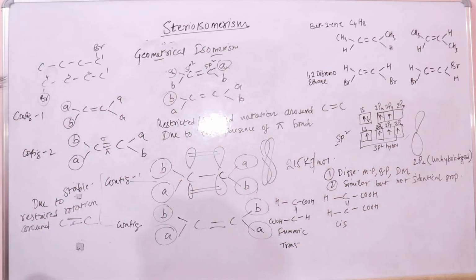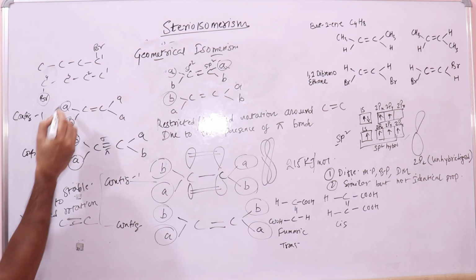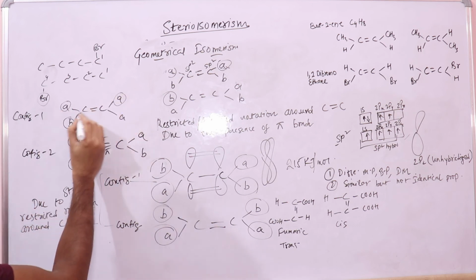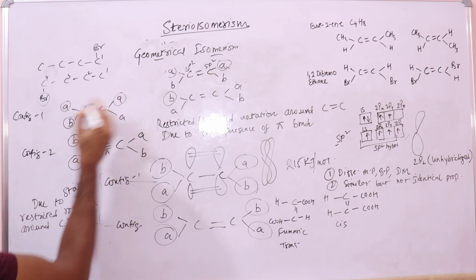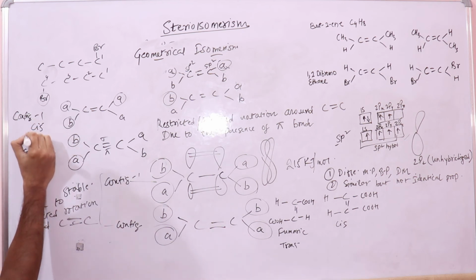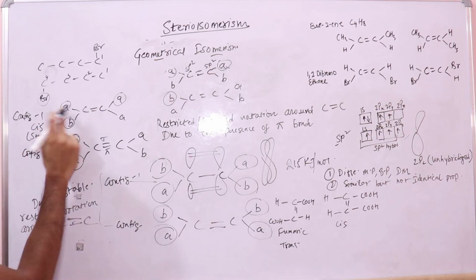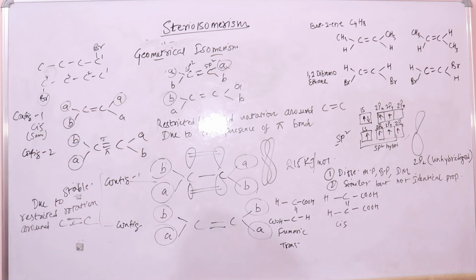One thing I forgot to tell you: this configuration, where you have the same atoms across the carbon-carbon double bond, is your cis configuration. Cis means same. Same atoms are at the same side of the double bond.